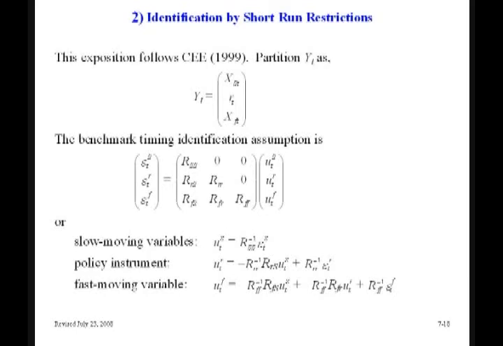If that's the case, then the effect of interest rate innovations on innovations in the slow-moving variables is zero. Then there are some fast-moving variables, which in this structure respond within the month to interest rate changes. Those might be asset prices, for example.